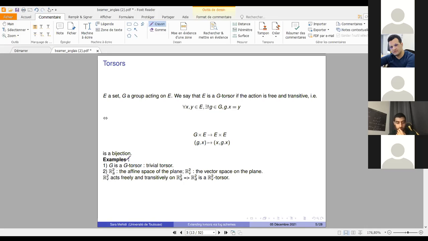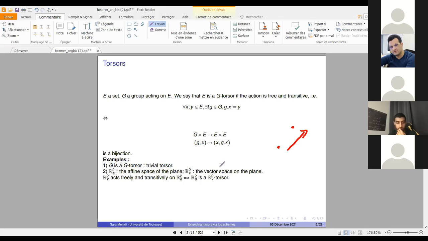As another example, if I take two points on the affine plane, then there is only one vector which sends a point to the other. So the action of the vector space of the plane is free and transitive over the points of the plane. So the affine space is a torsor under the action of the vector space.